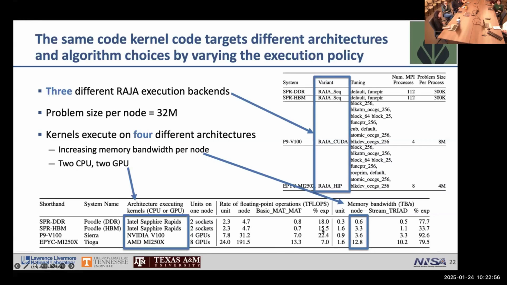And then we also ran on 2 different GPU architectures, the NVIDIA V100s and the AMD MI250X. Of note here is this column showing the memory per node. We see this increasing trend in the available bandwidth, and we'll see how that affects the kernels especially.